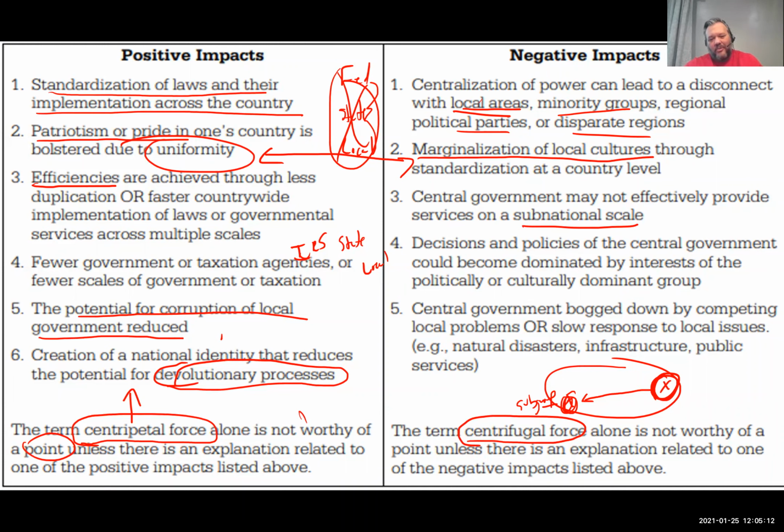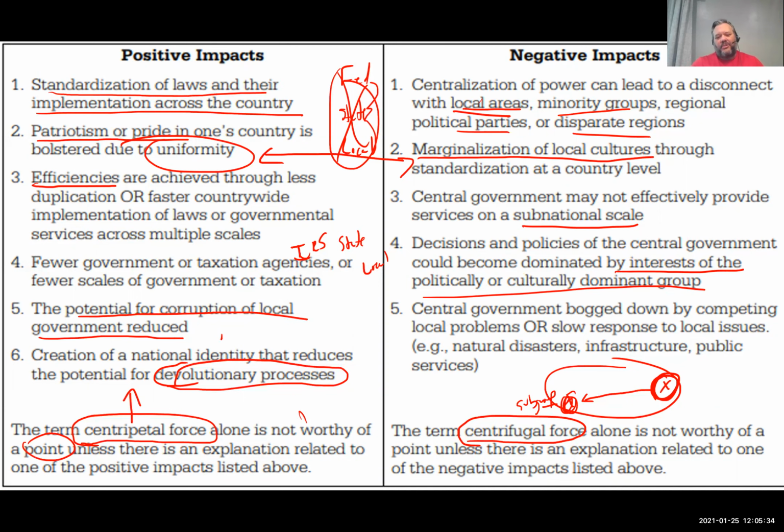Because the government of Tucson is going to be much more responsive to problems within Tucson than the national government would. Decisions and policies of central government could become dominated by interests of the politically or culturally dominant group. And this can happen in both types, but think of it like this. You've got a group of people in national power.